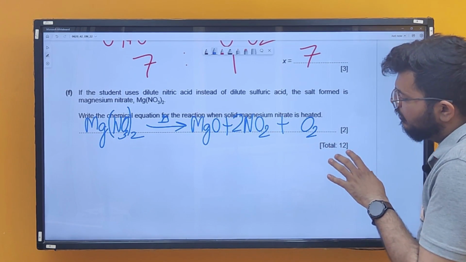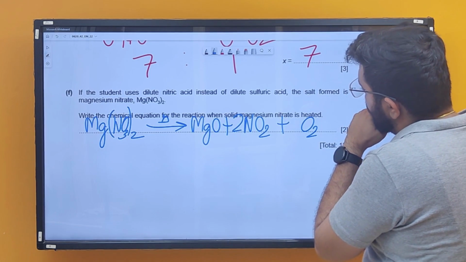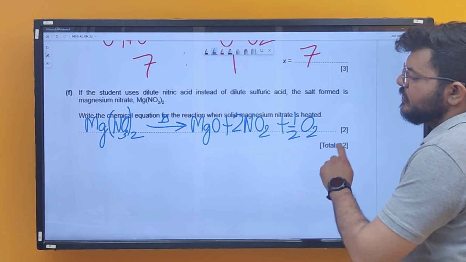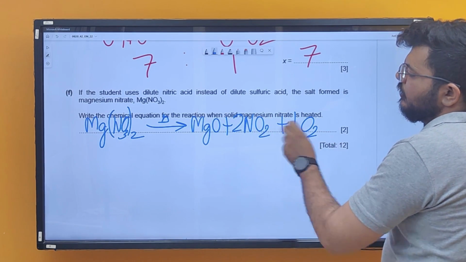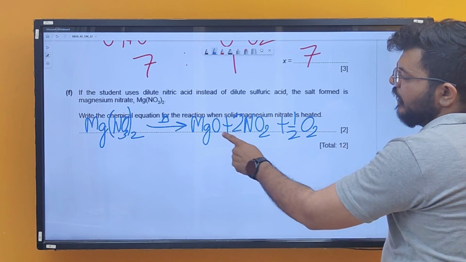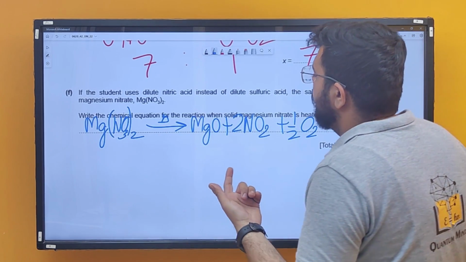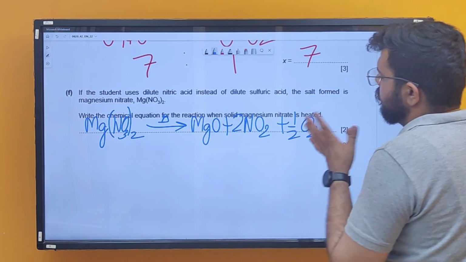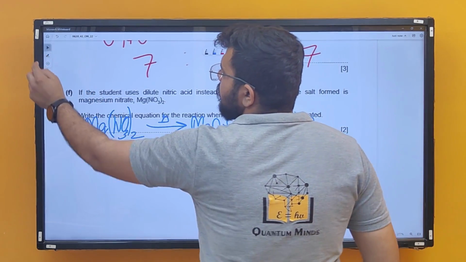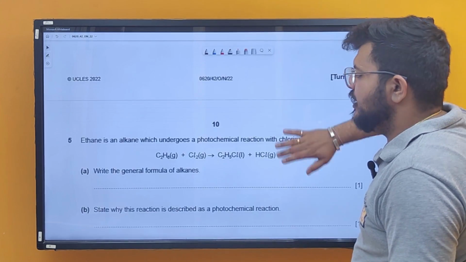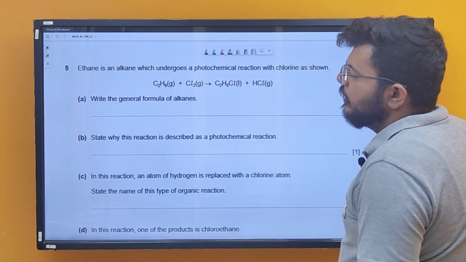I think here if we just add half here. Now if you look, oxygen is balanced, right? 4, 5 and 1, 6. And nitrogen is automatically balanced, right? So that is your balanced reaction with answer. In this type of reaction, do not forget to balance even if it is of 1 mark.